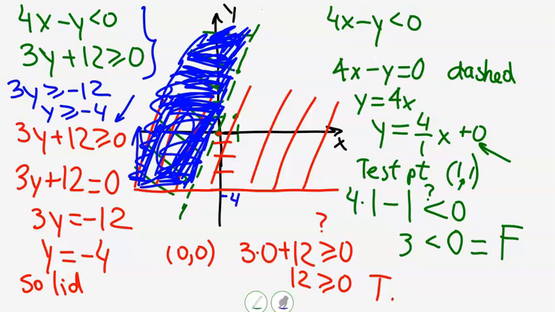So all points which are located in our blue region here, all our blue points, would make these two inequalities true statements at the same time. So this will be the solution of this system of inequalities.